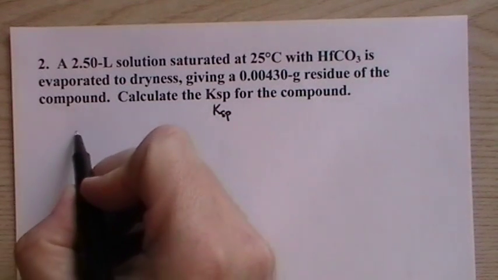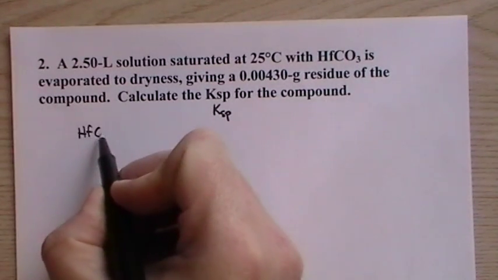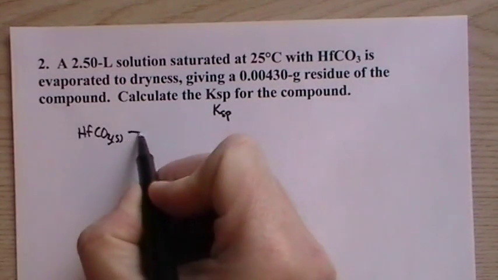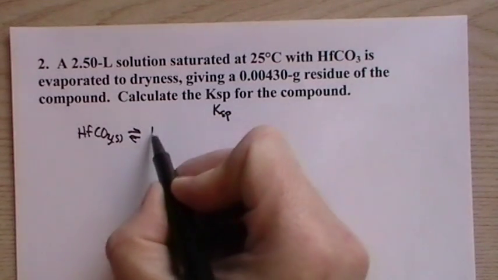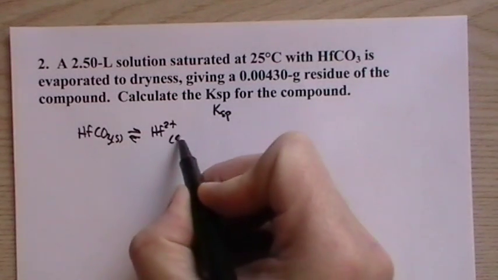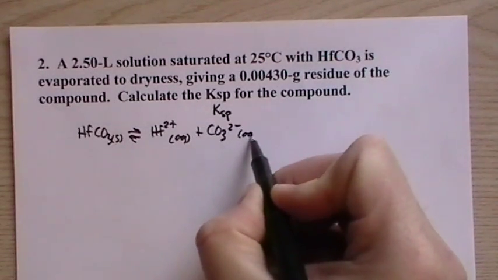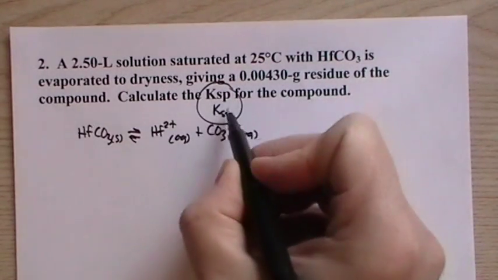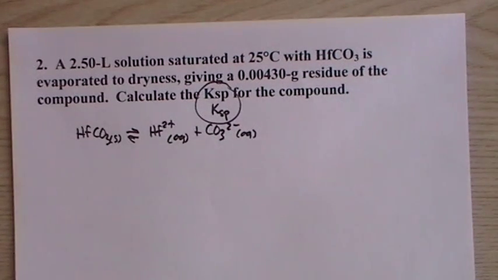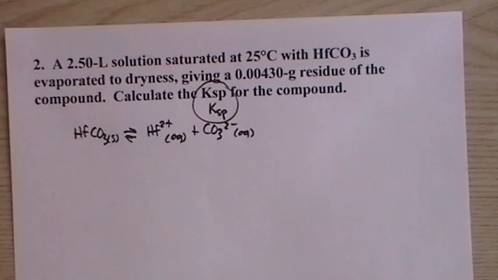So if we write it out, we have hafnium carbonate solid that when it went into solution, it went in as hafnium +2, and we may have to go to another. And I forgot to subscript the SP. So when you see that, it should be K subscript SP for solubility product.